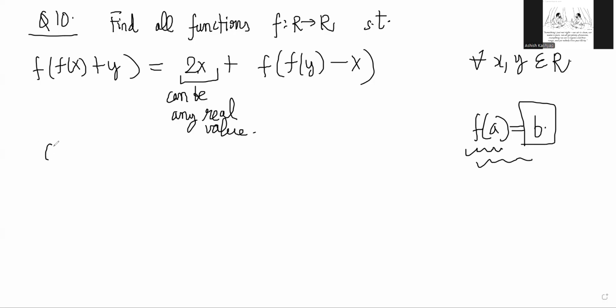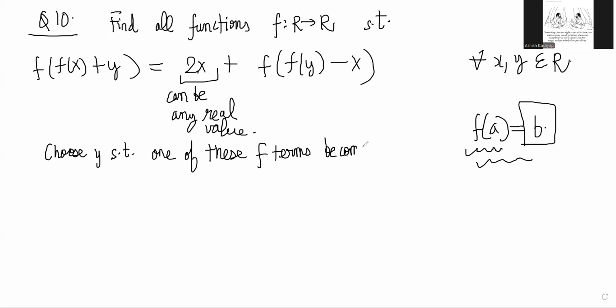So we'll choose a suitable y, choose y such that one of these f terms becomes a constant. That is what we are trying to do, because the other term will then be equal to 2x plus some constant, which will mean that f is surjective. So here, in order to do that, we'll say x is the same as x and y is the same as minus f of x in this original relation.